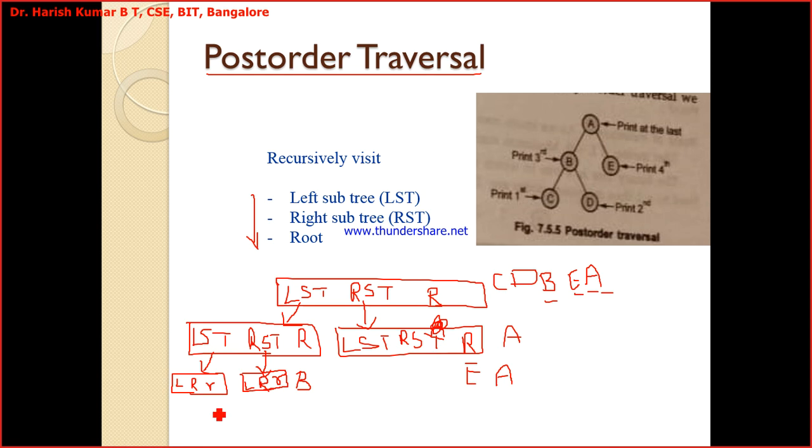C. No further expansion of L and R, because this is a leaf node. And the root node for the right subtree of B is D. So the value of this R is D, and the value of this R is C. And then B, then E, and then A. This is the same thing I wrote here.